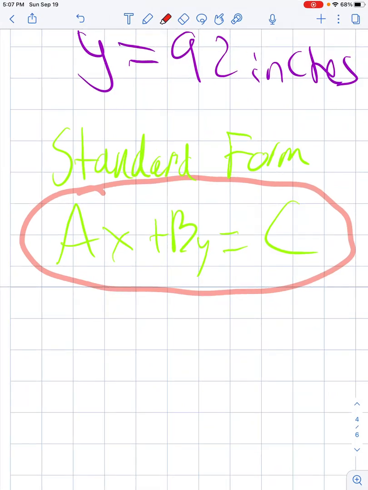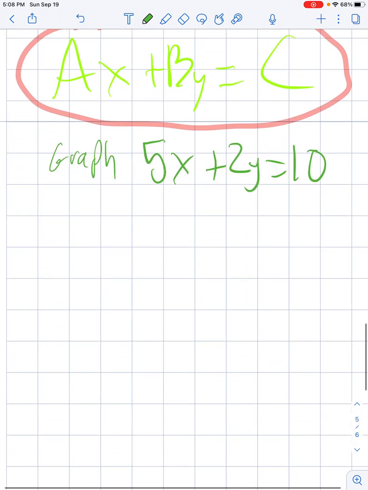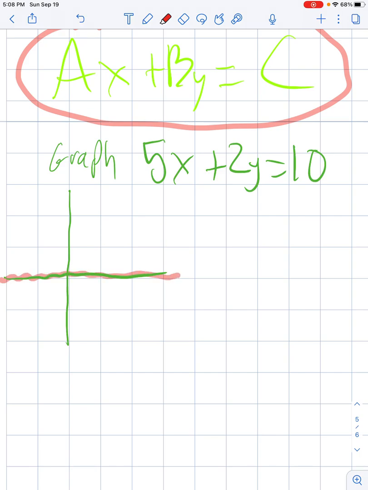So say I have the equation, maybe the question is graph 5x plus 2y equals 10. If I want to figure out the x-intercept, think about it: if the point is on the x-axis, my y equals 0.